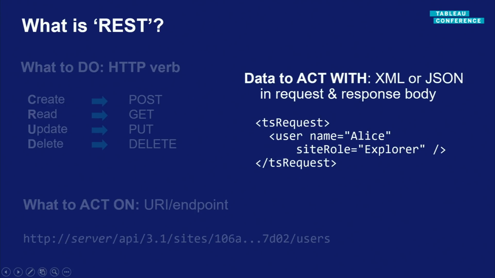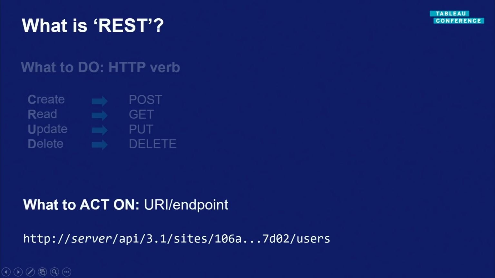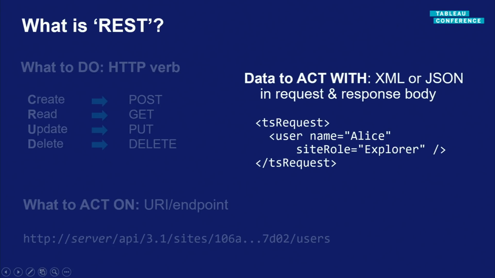So here, if you send a POST request to this endpoint, it's going to create a new user. If you send a GET request, it's going to query how many users are under this site. If you send a PUT request, it's going to update the user for you. And if you send DELETE, it's going to delete the users within this site.